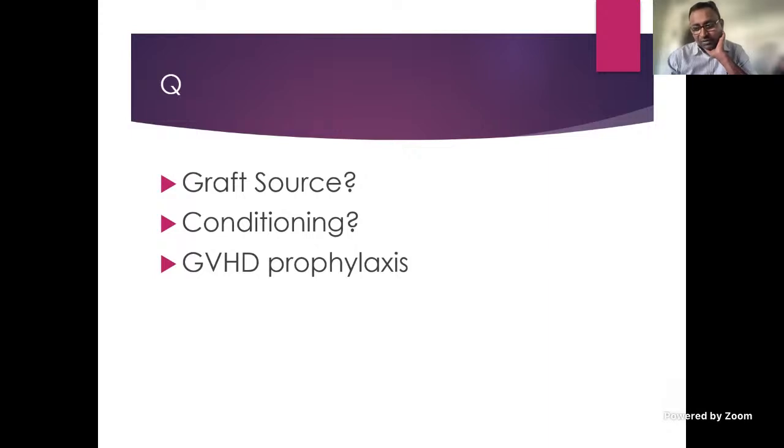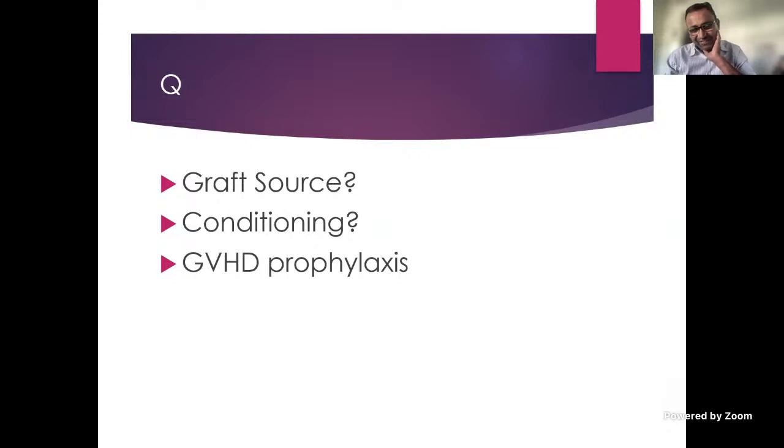So for all those reasons, when we have used Campath as a background in the conditioning for GVHD prophylaxis, we have happily gone with the peripheral blood source so that we get more stem cells to prevent the risk of graft failure as well. So yes is the answer to PBSC, and people are getting less skilled in collecting a proper bone marrow dose nowadays, so whatever you're getting is quite low as well.